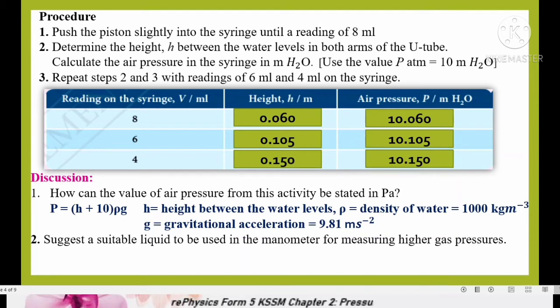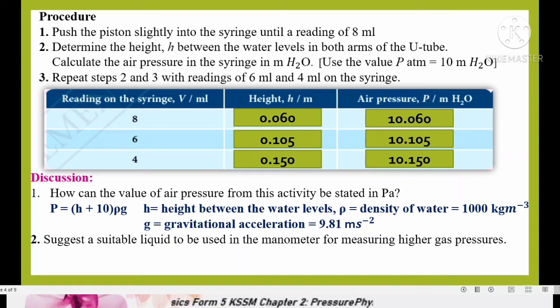If we use water, a small change in the gas pressure will cause the height between the water levels to increase very high. So for higher gas pressure, it is not suitable to use water.